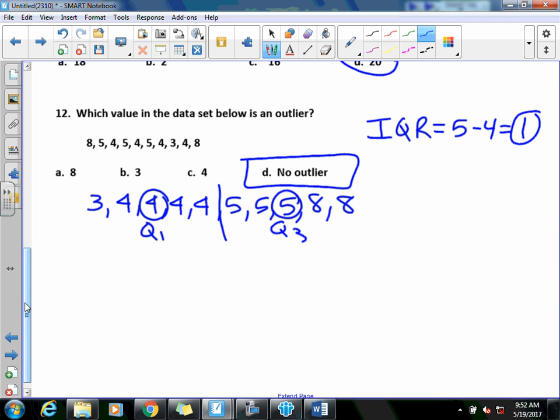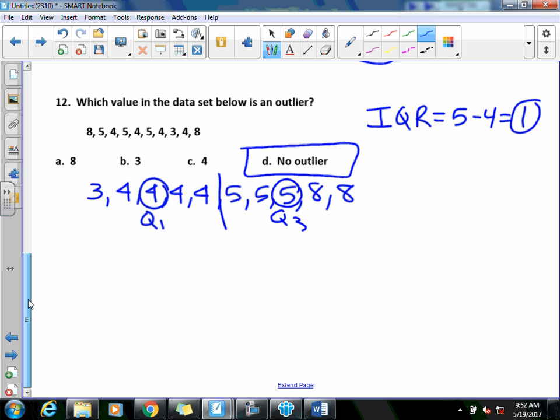So here's the deal. If there's a number that's bigger than 1.5 times the IQR, plus the max, it's an upper outlier.